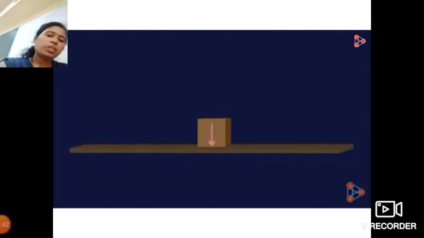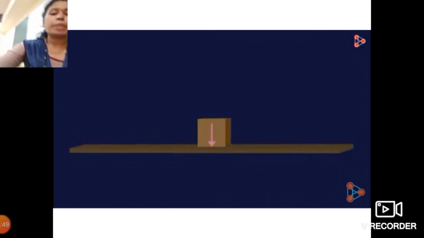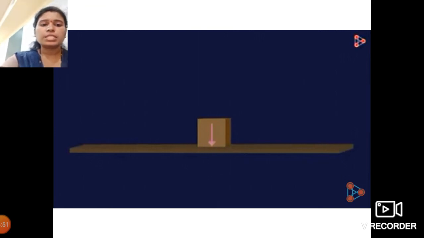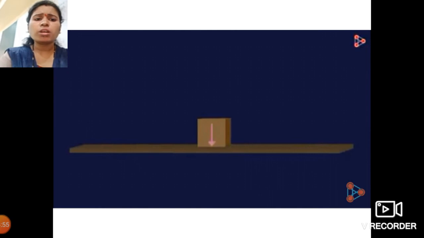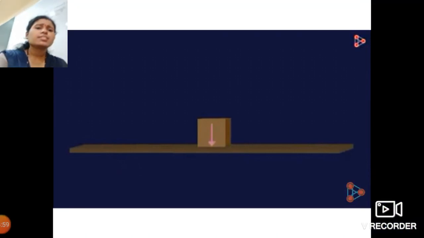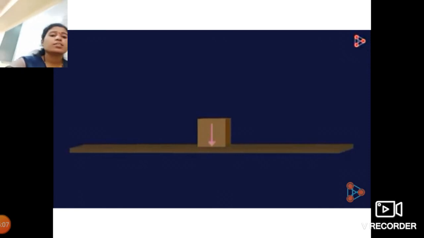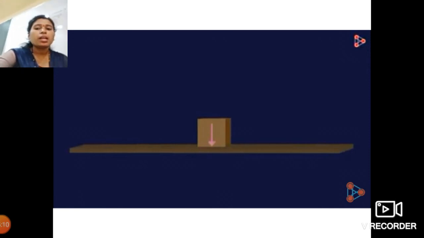See in this picture, it is a wooden block which is on the table, and it exerts a pressure on that table in the downward direction.